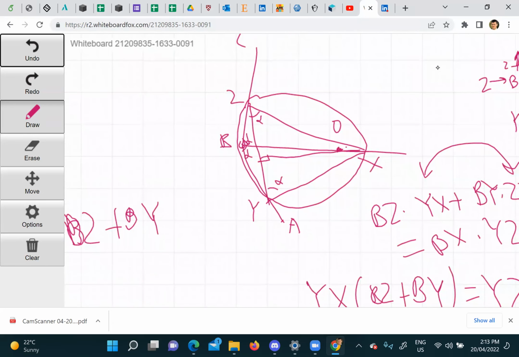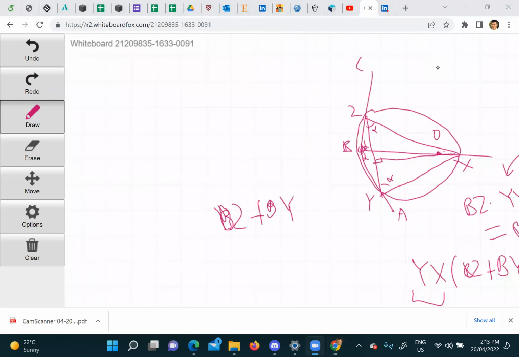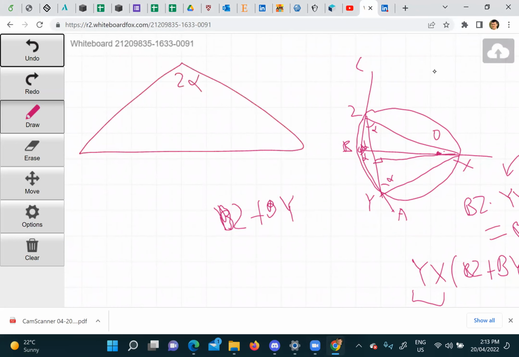And I think this shouldn't be that hard, right? So we have a triangle with a fixed angle up here, alpha, and a fixed length.